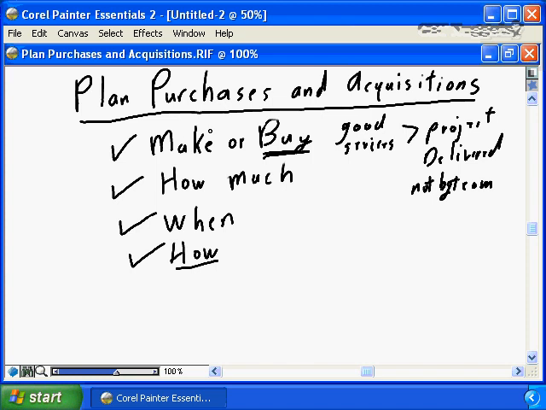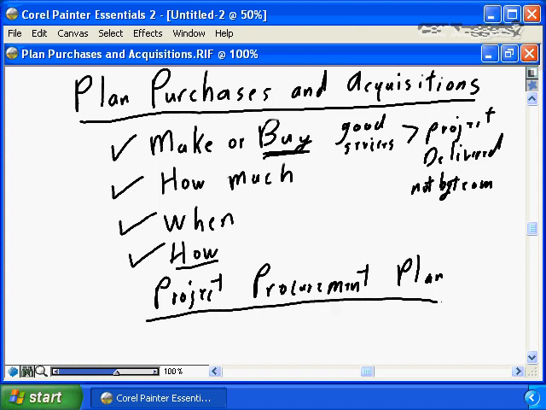Once you have determined your project purchase and acquisition process, you will develop your project procurement plan. The project procurement plan is going to identify the results of each make or buy decision, how much is going to be bought, when it's going to be bought, and how it's going to be bought, what type of contract.